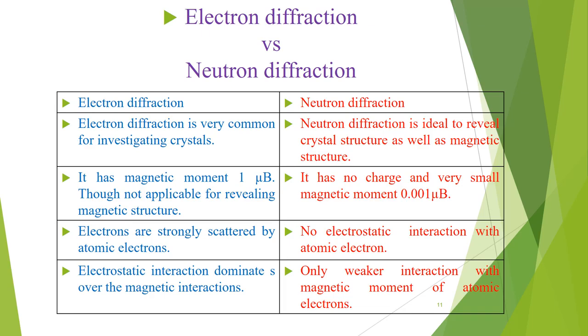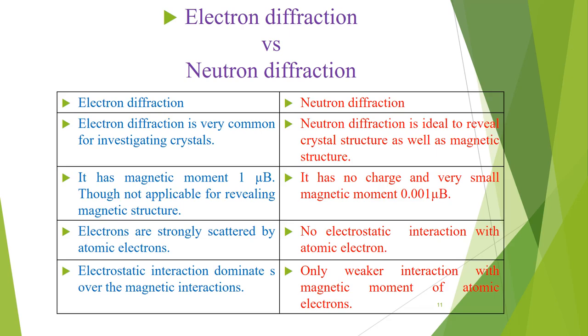The magnetic moment in electron diffraction is not applicable for revealing the magnetic structure, while the magnetic moment in neutron diffraction is very small, that is 0.001. So it can reveal the magnetic structure easily.